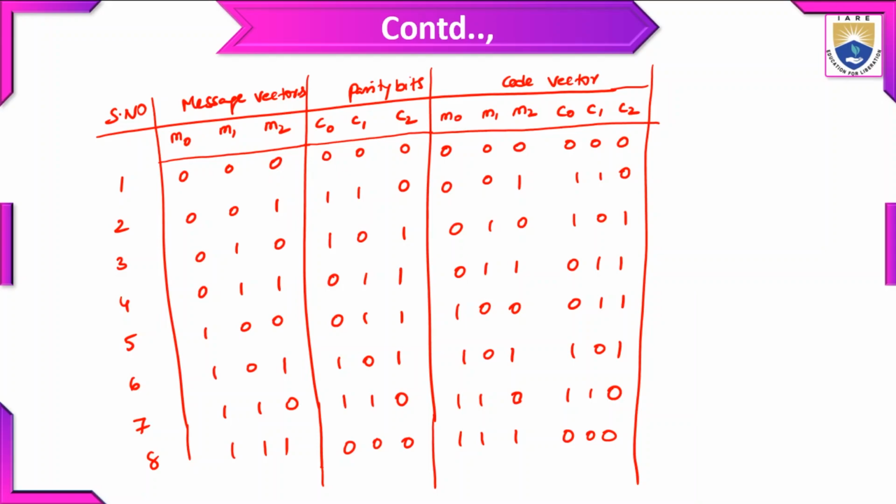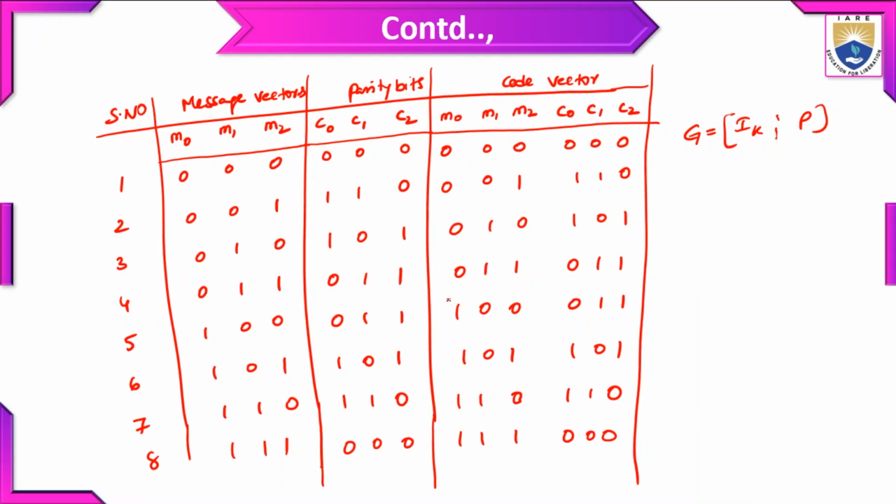Here I am using G in the I_K augment P form. So here we can observe where the I_K identity matrix is located. My identity matrix is on the left hand side, so this is my message.